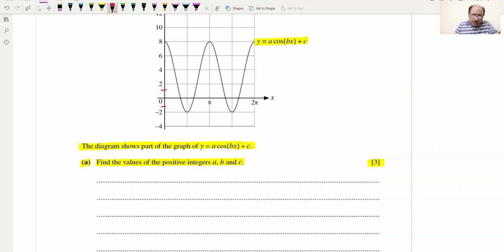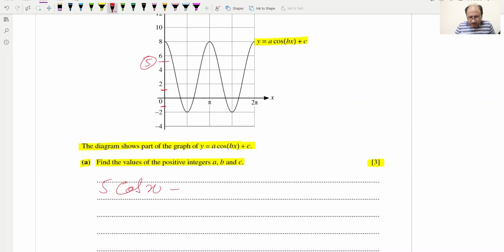So first of all, it is stretched vertically upward. The standard graph is basically cos x. So vertically stretched by 5 units. So it will first go to 5 units. 5 is here. So 5 cos x.